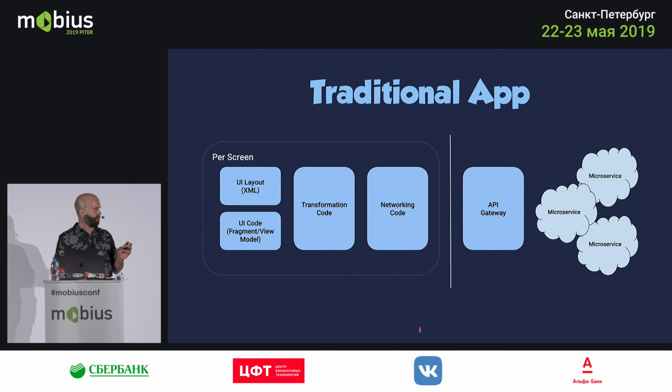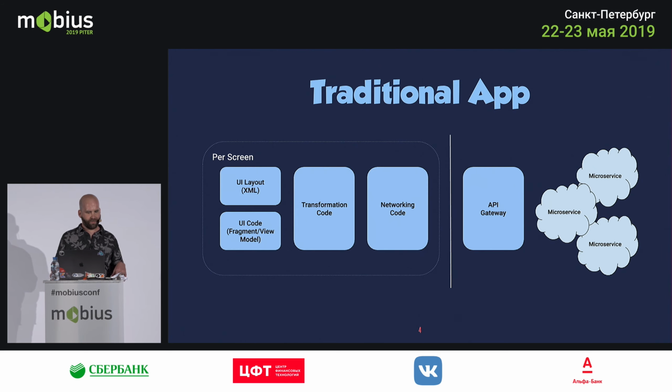So what is the problem? Here you see your traditional mobile app architecture. On the right you have cloud microservices, and usually there's a bunch of those, and you need some kind of gateway to serve all that to the mobile apps in a clean way so they don't have to go to multiple services to get their data. And then we have this white line, which is the boundary between client and server.